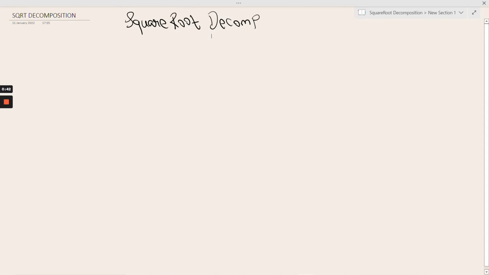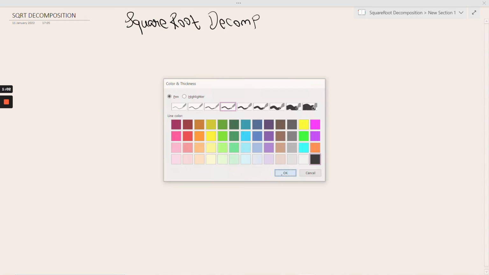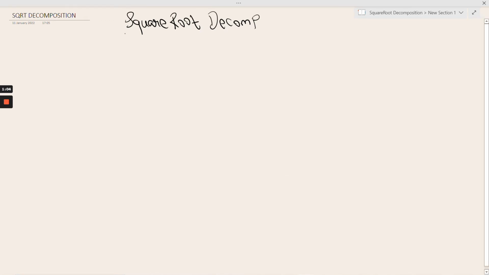So, moving forward, let's begin with what decomposition means and why we call this a square root decomposition technique. Square root decomposition is a technique used to solve problems, and it is not always applicable.